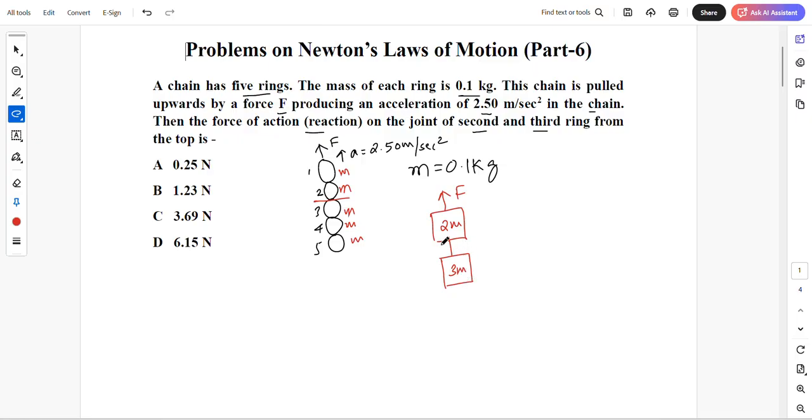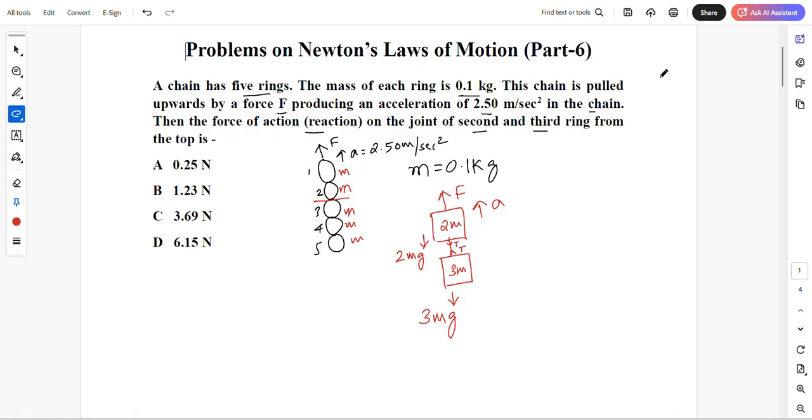Now, what is the weight here? Weight will be 2 mg, and weight will be 3 mg. And this is the acceleration. You are supposed to calculate this tension.